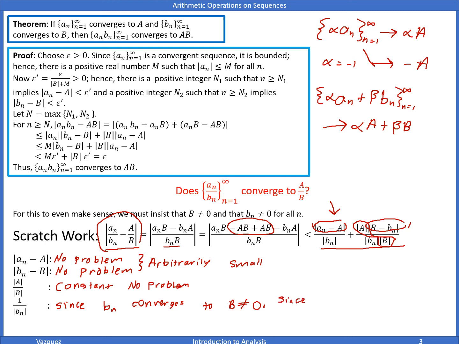Because since b is not equal to 0, well then we can set epsilon equal to b over 2, which is obviously greater than 0. And now we have that the interval b minus epsilon over 2 to b plus epsilon over 2 contains all but a finite number of terms of the sequence.